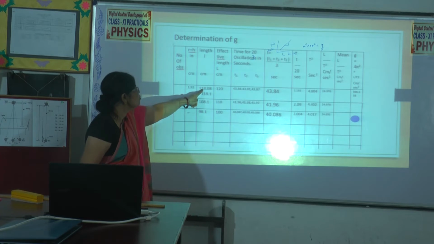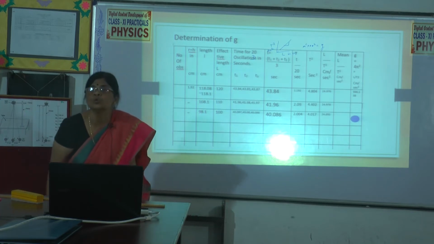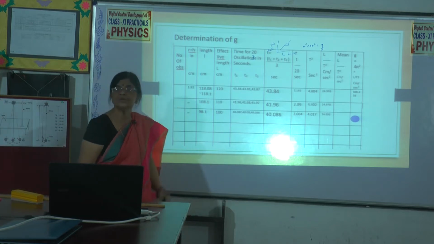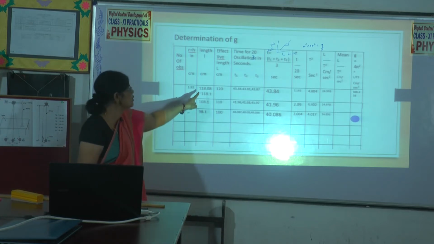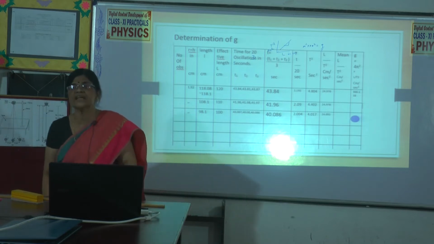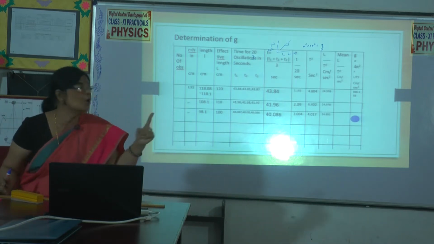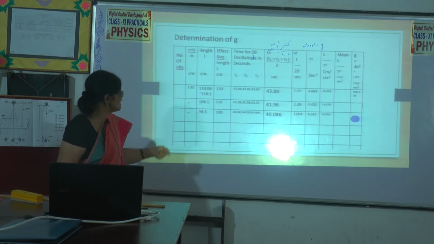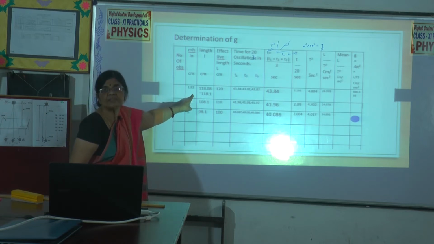If this value was 118.02, what would you have remembered as the length of the thread taken? 118.0. Is that clear? The rounding off will be done only on the meter scale, the length of the thread taken. Nowhere else. The measurement of D plus H, R plus H will always have a second decimal place.